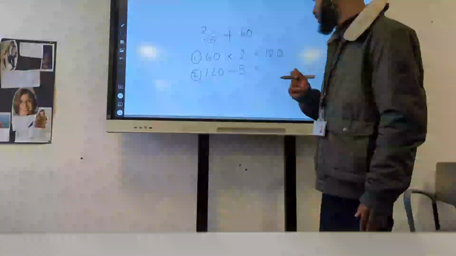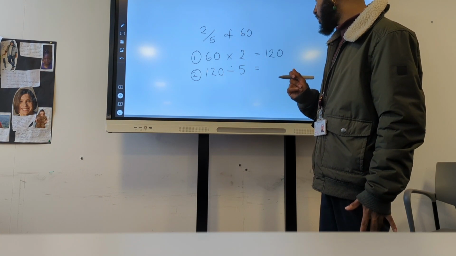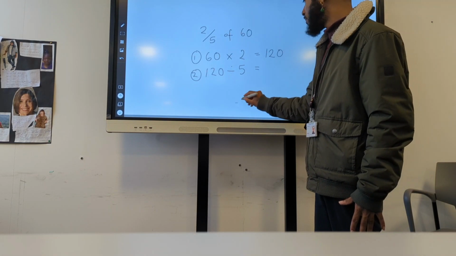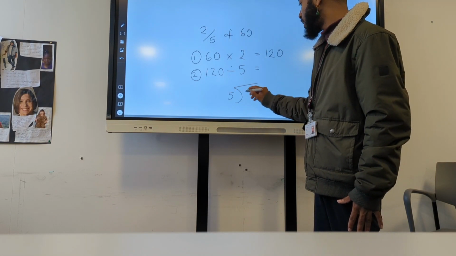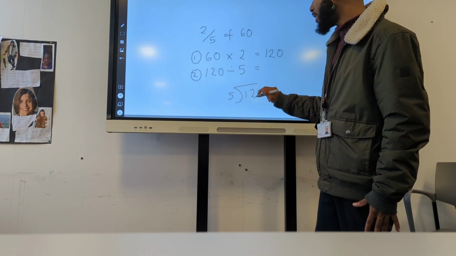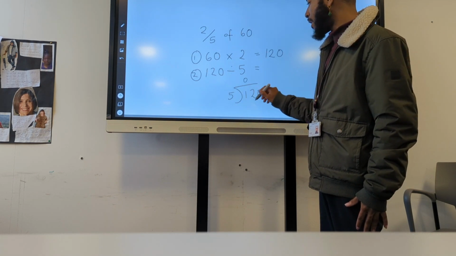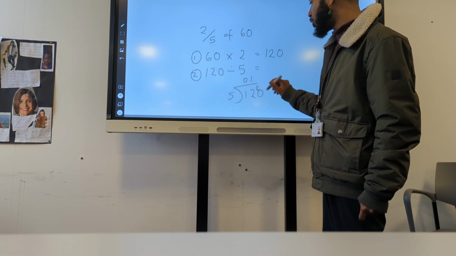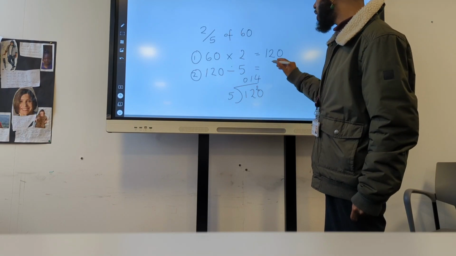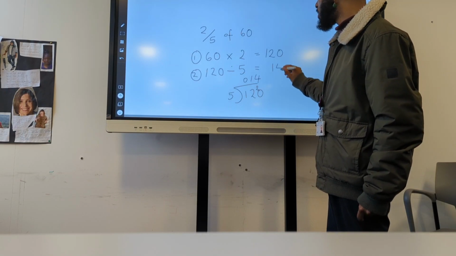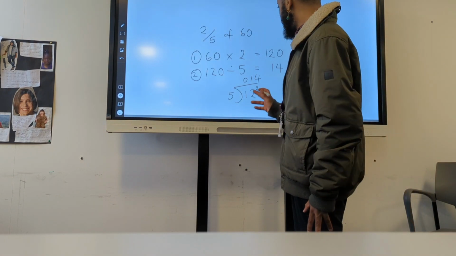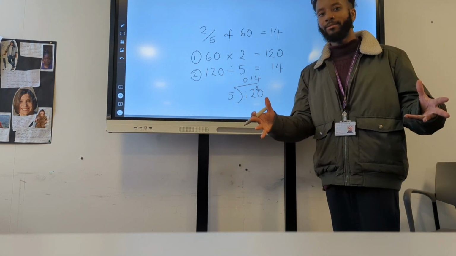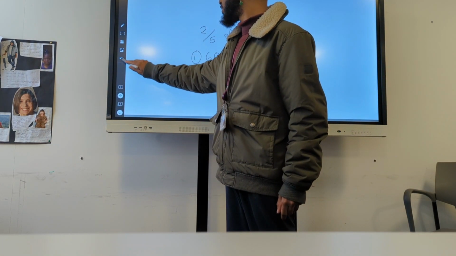But I'm looking at this, and I would say that with this one, just to make sure that I get it right, 5 into 1 doesn't go, 0. 5 into 12 goes twice, remainder 2, and 5 into 20 goes 4. So 120 divided by 5 is 24. So what is 2/5 of 60? It's 24. Okay, next one.